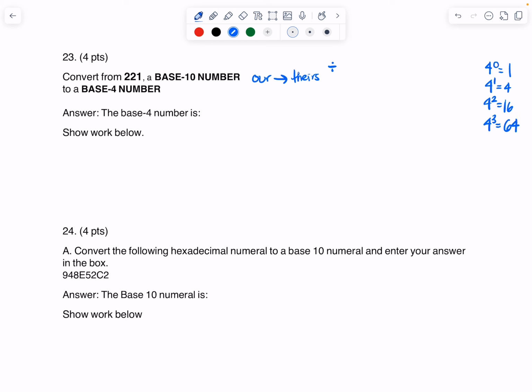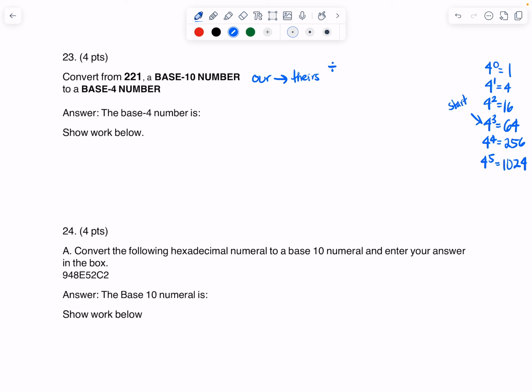All right, I'm getting close because I'm trying to get to 221. So let's do 4 to the fourth, which is 256. 4 to the fifth is 1024, so that's too big. So my starting point is going to be 4 to the third.